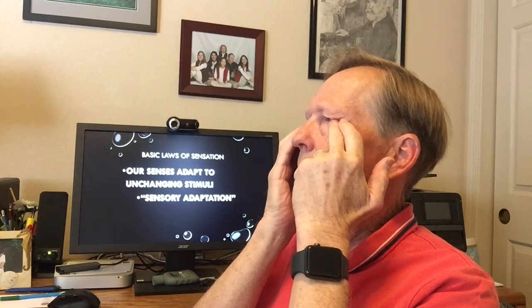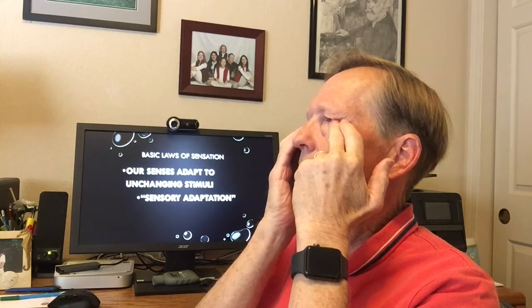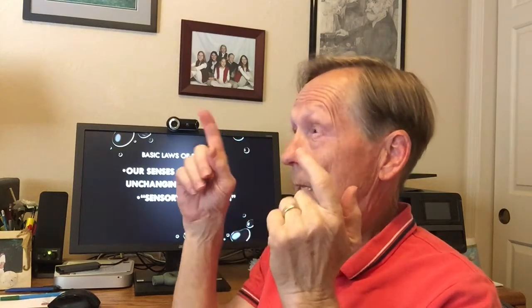If I hold my eyeball completely still and just look at it for several seconds, within that amount of time, everything blanks out, everything becomes black, and I'm not seeing anything.